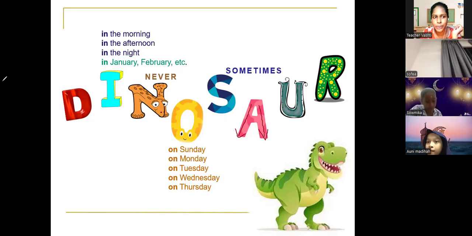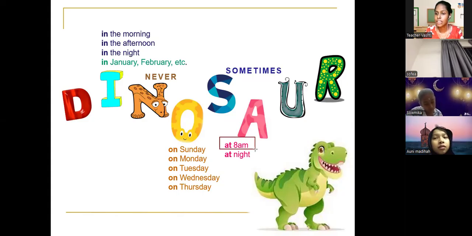Now where do you use at? Mana nak guna at? When you're going to talk about time. At 8 a.m., at 12 p.m., at 8 p.m. Now, you can also use at night. Tadi in the night.